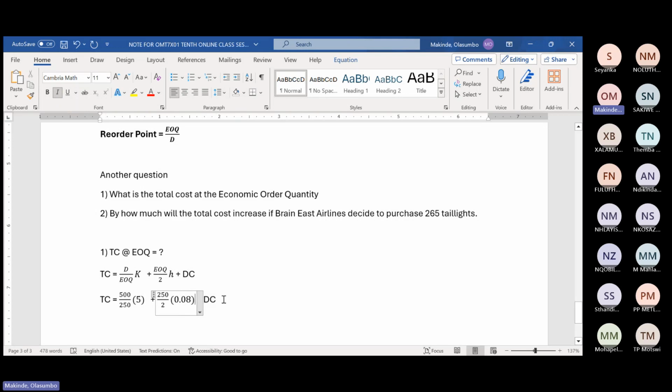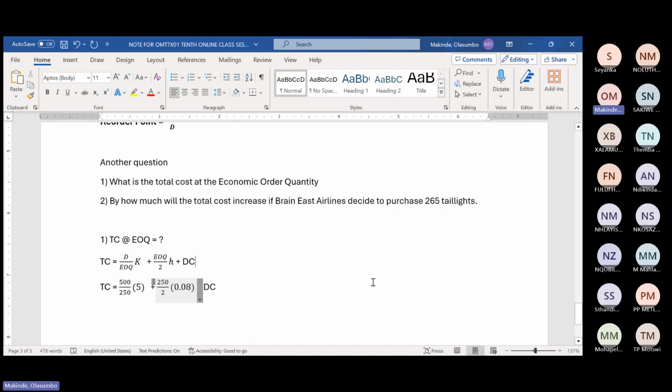Then you can put your annual demand into the picture: 500, times the price. They said each light costs 40 cents, so that will give you times 0.4, because 40 cents is 40 over 100. So you can press the calculator.